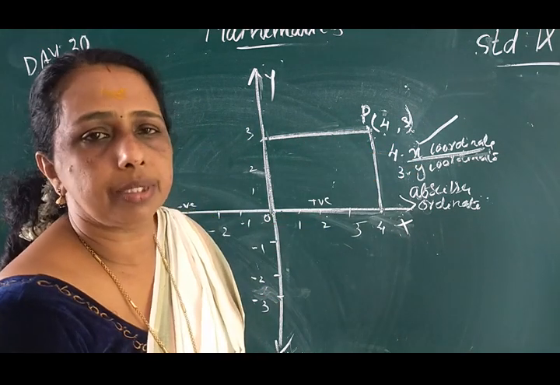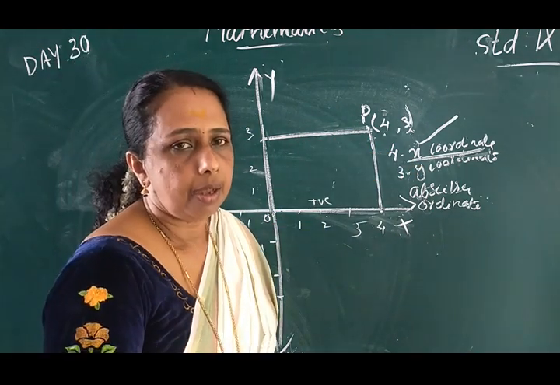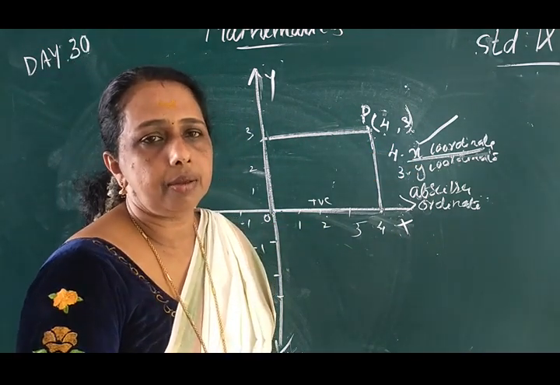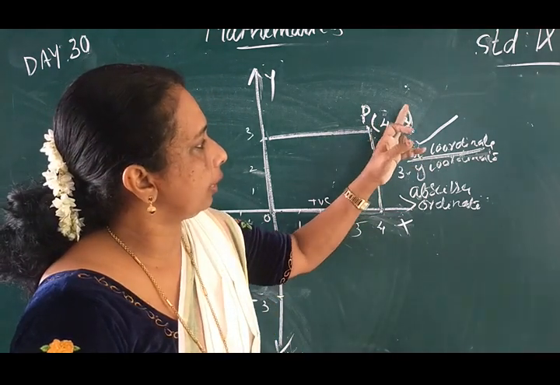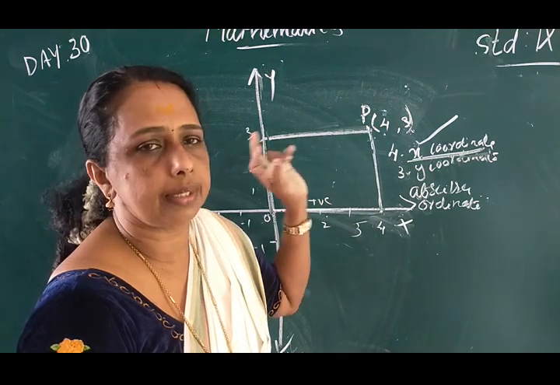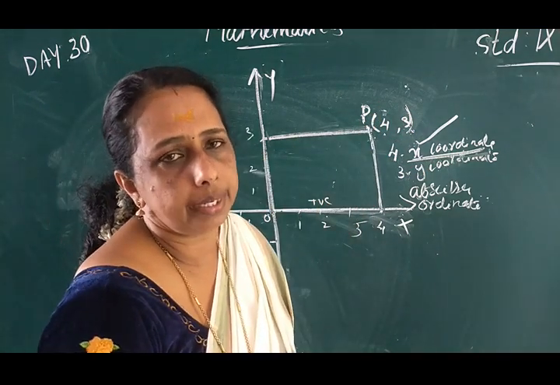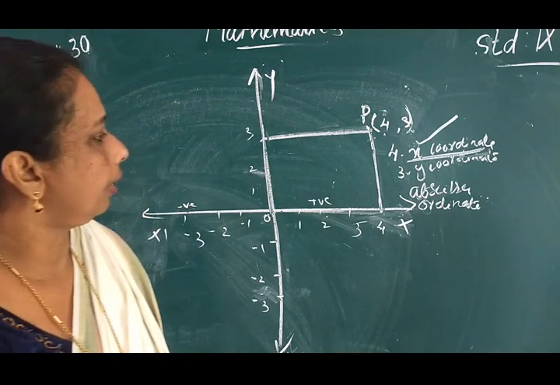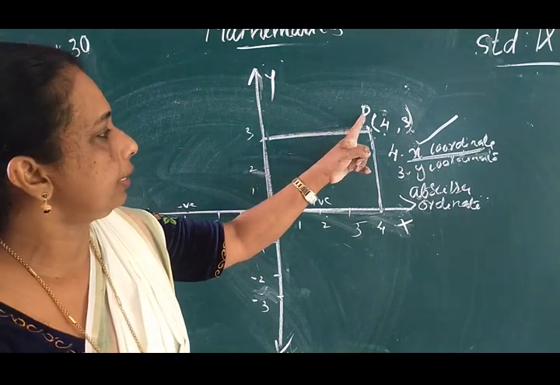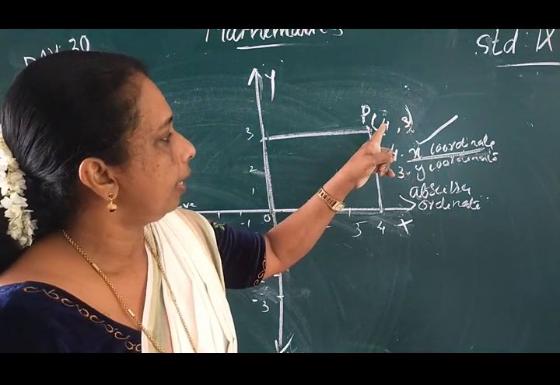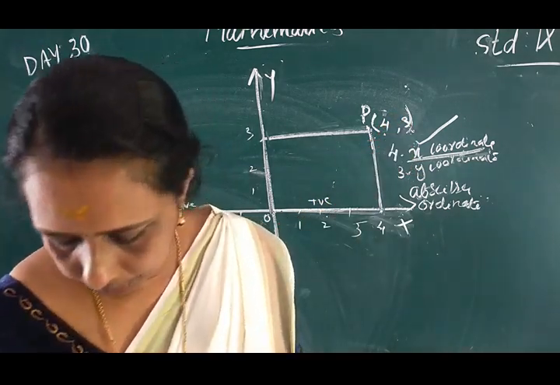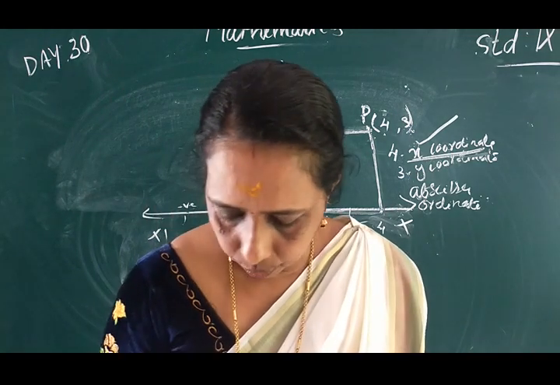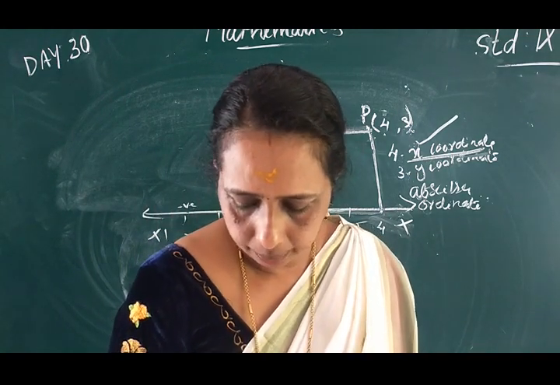The x coordinate is called the abscissa and the y coordinate is called the ordinate. Both together are called the coordinates. The coordinates of the point P are (4, 3), that means x coordinate 4 and y coordinate 3. These are the basic concepts of coordinate geometry.